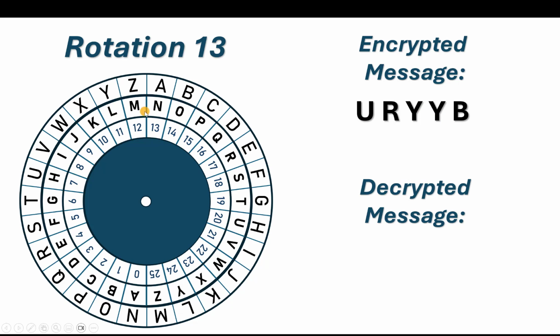The inner circle here is our encrypted letters. Because I gave you the encrypted letters, I'm going to find the U. That is right here, and I'm going to go up to H. So my first letter instead of U should be H. Then I'm going to go to R. I found the inner wheel R. Remember, these are the encrypted letters.